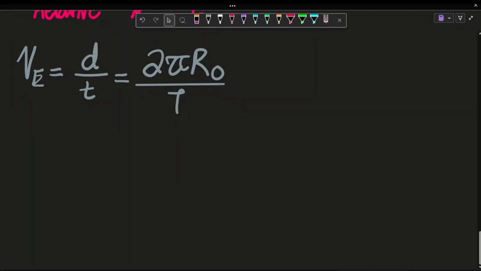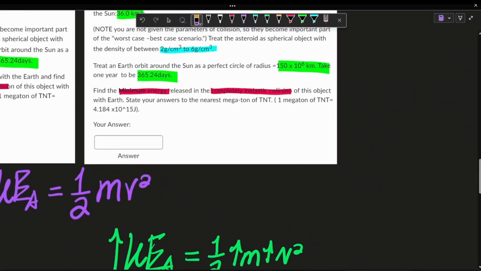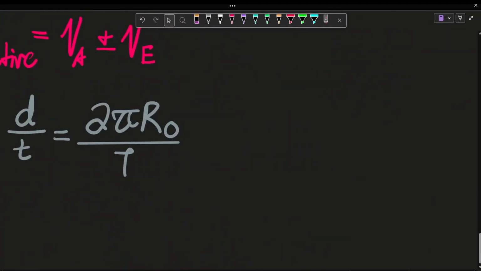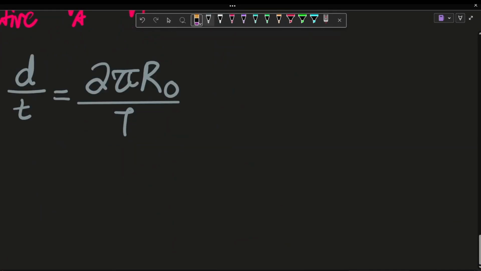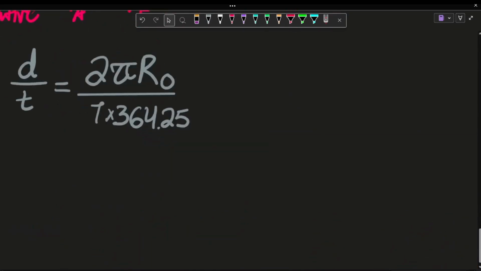So here, of course, the period is in days, but we want to be in SI units. So, of course, this would be ideally meters per second. So for us to do that, we'd say T times 364.25. Sorry, so it's already in days.